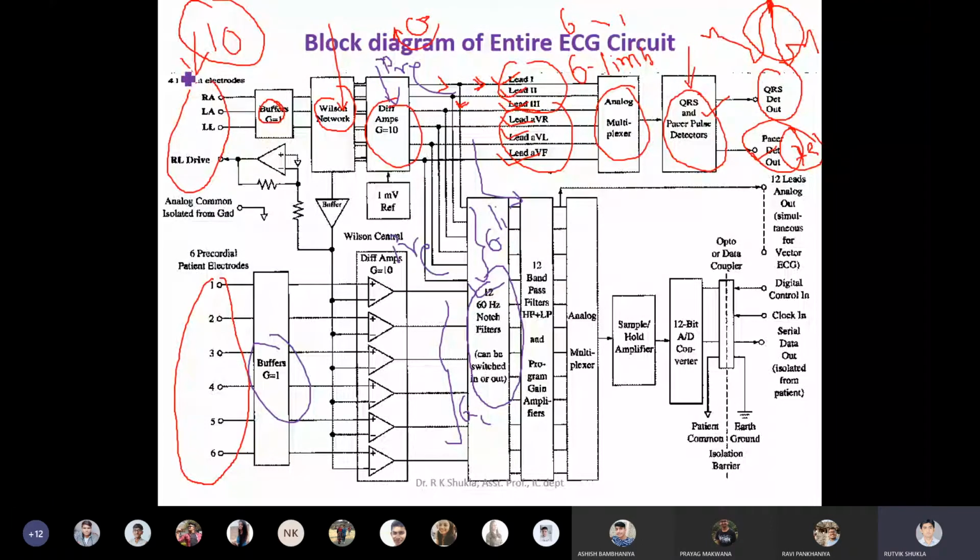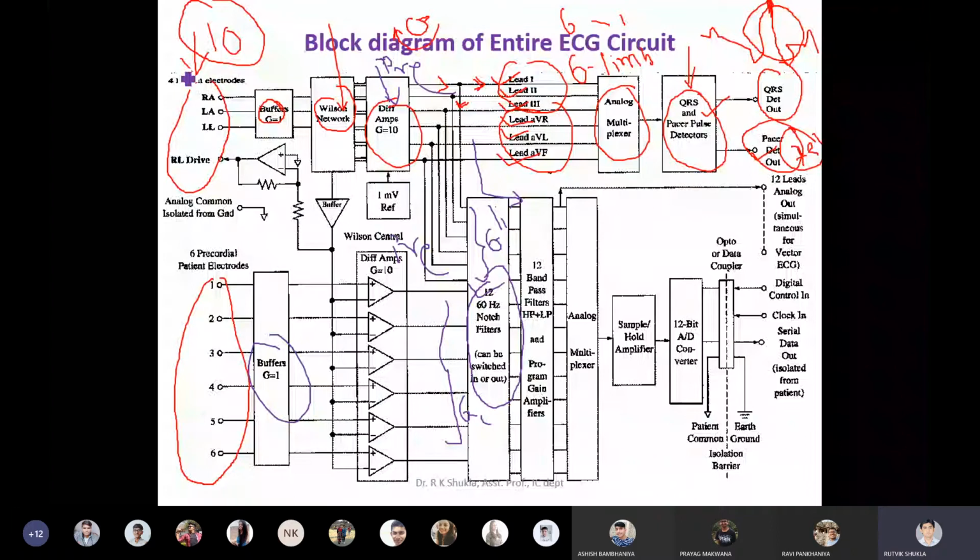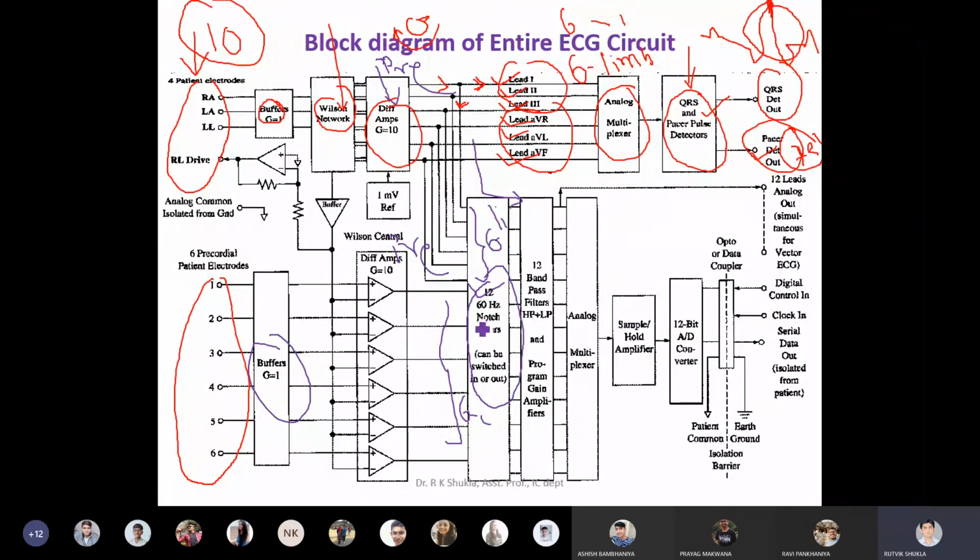While discussing the pre-amplifier circuit of ECG, and the basic circuitry required for ECG processing, I have discussed this notch filter. A notch filter suppresses one particular frequency component. In this case it is 60 hertz, but in the Indian scenario, it would be 50 hertz.